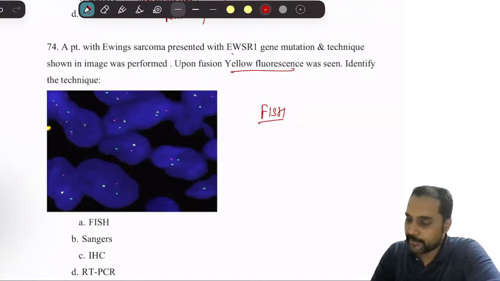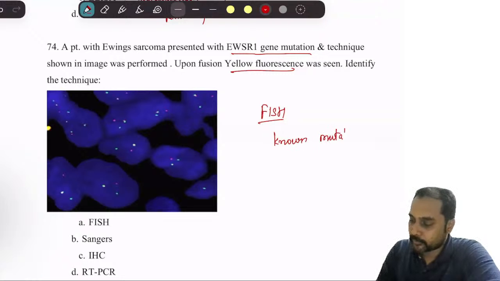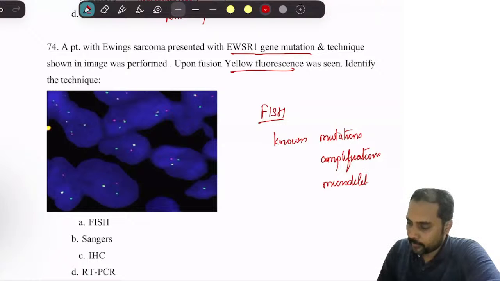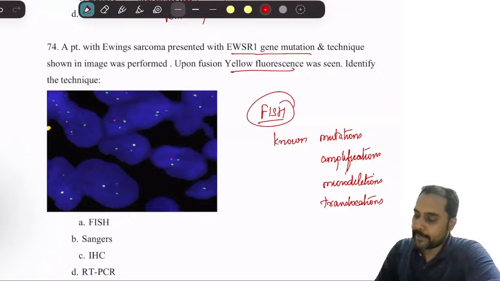They have already given you, it is EWSR1 gene mutation, so it is a known mutation. I already told you only known mutations, amplifications, microdeletions, or translocations can be detected by fluorescent in situ hybridization.